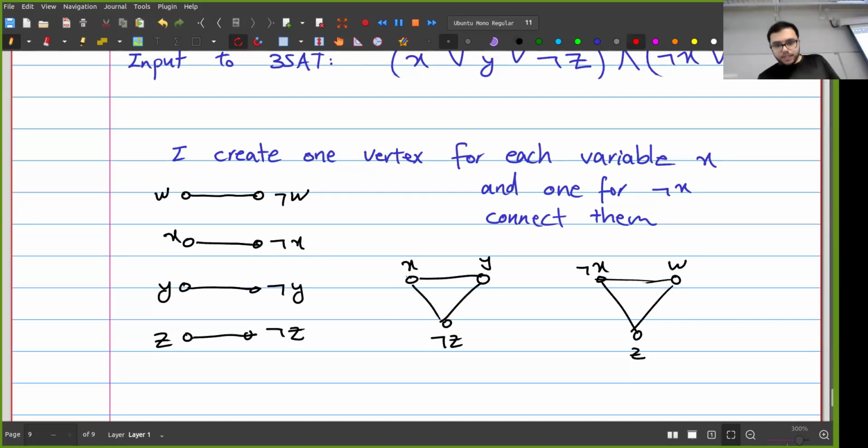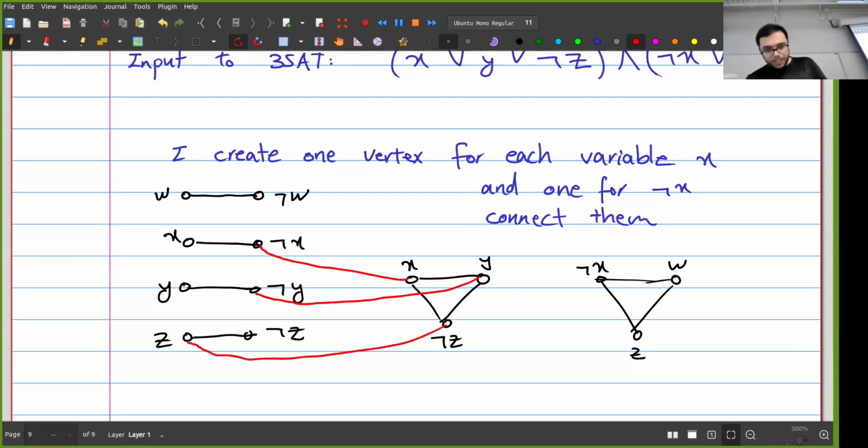So I'm going to take this X here and connect it to the negation here. I'm going to take the Y and connect it to its negation here. I'm going to take negation of Z and connect it to Z, because negation of negation of Z is Z. And the same thing here.